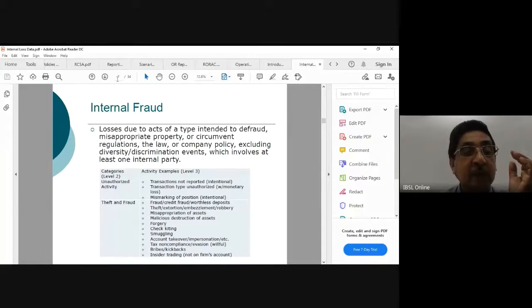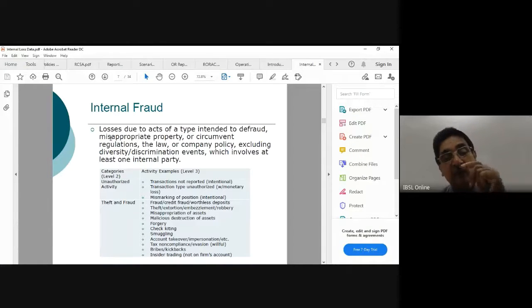Right. Now we just start with internal fraud, with more explanations and descriptions. As I told you earlier, when you say internal fraud, it is a level 1 risk event type. Now you can see what we mean by level 2 coming under internal fraud.